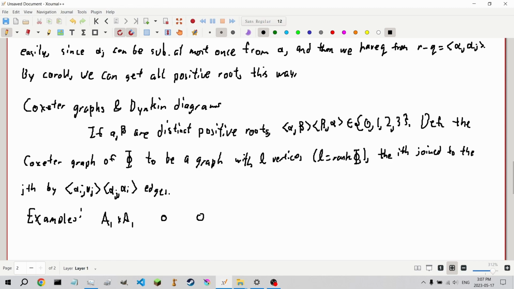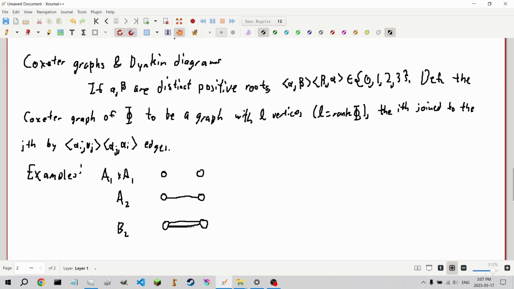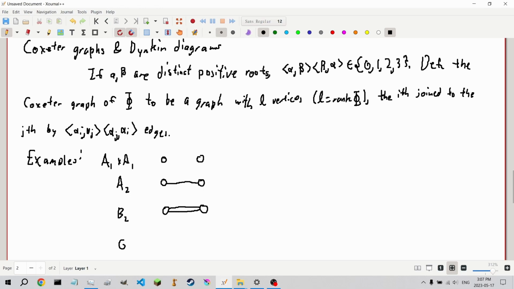A2 is then connected by a single line. B2, because these are all the 2D cases, we know they're all going to have exactly 2 vertices. B2 is 2 lines, and G2 has 3 lines.